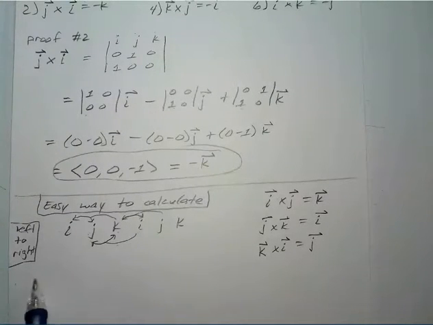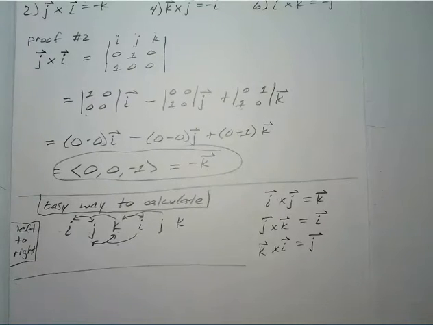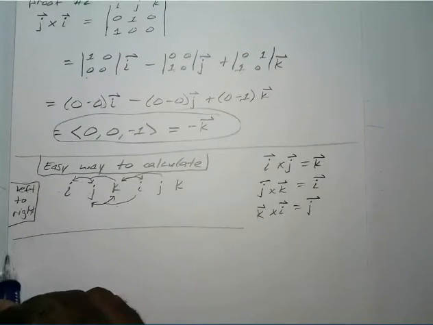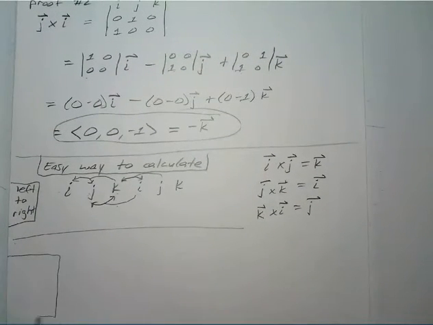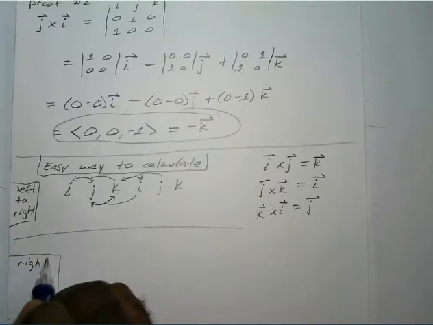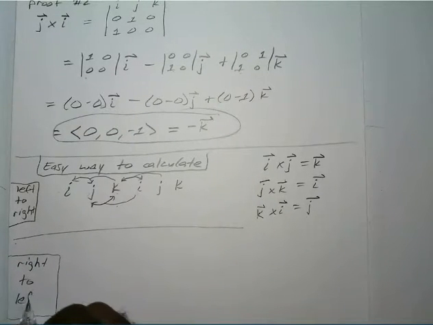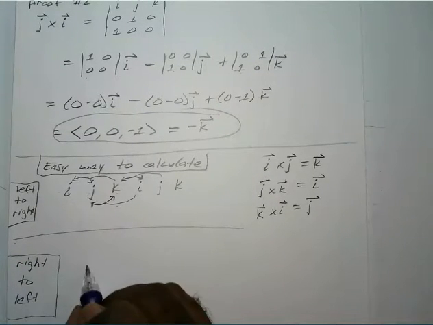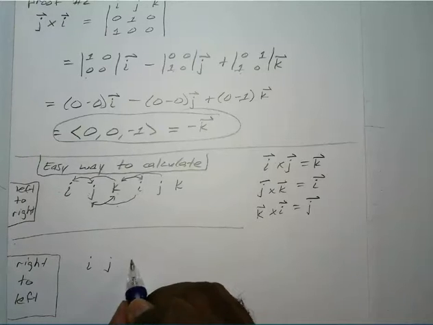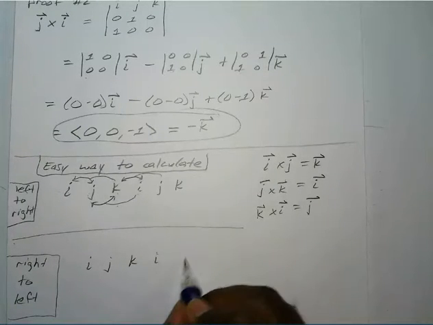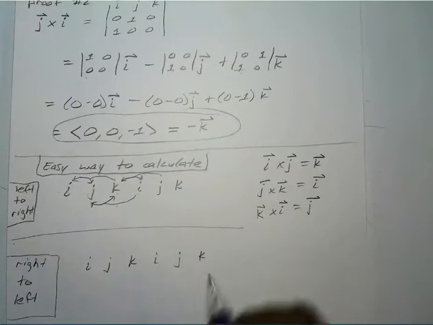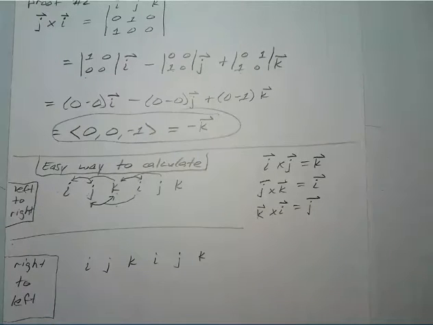Okay, now we're going to go from right to left. Again, just write I, J, K. Okay, now when you go right to left, your answers will be negative.